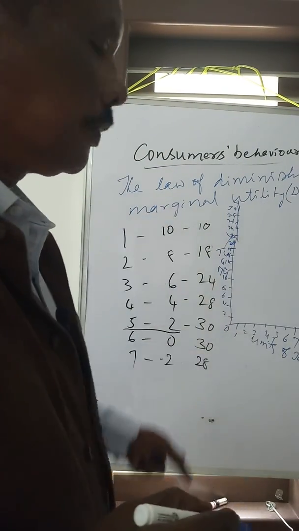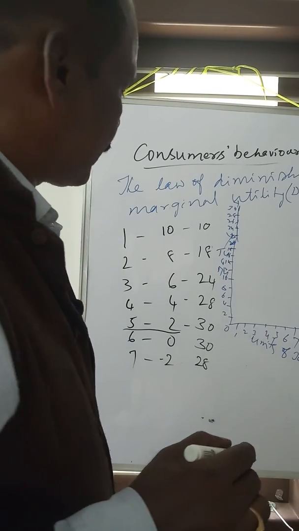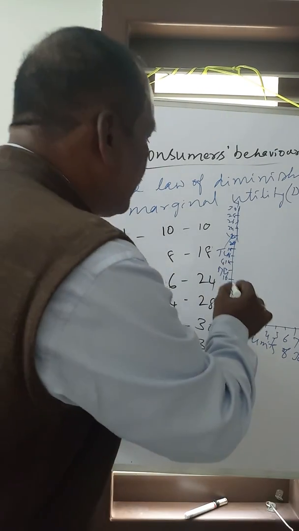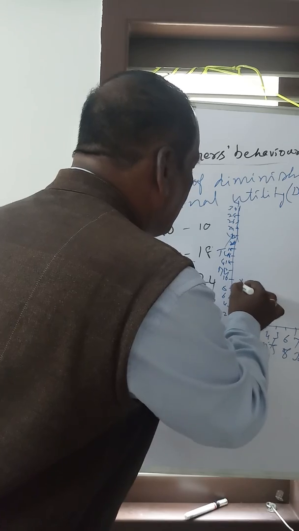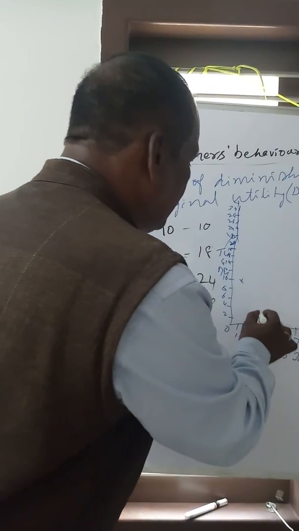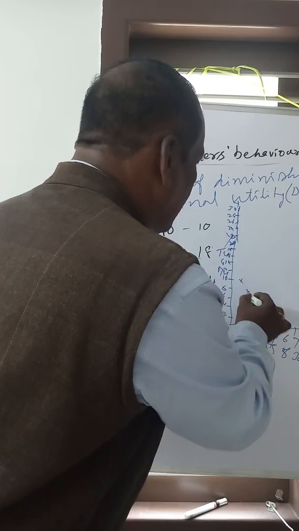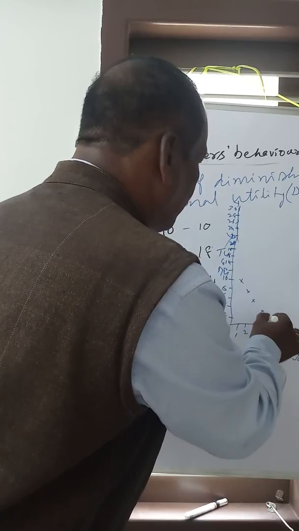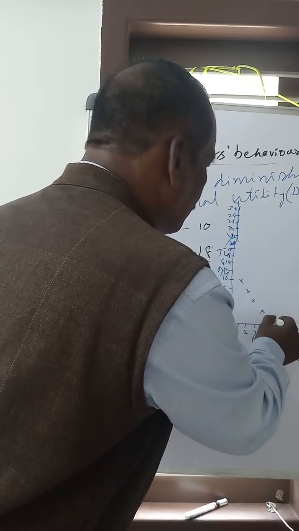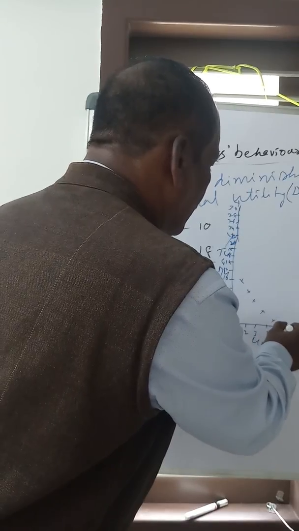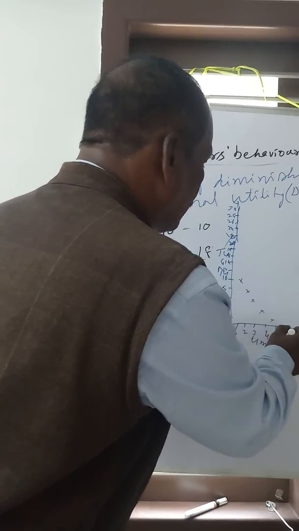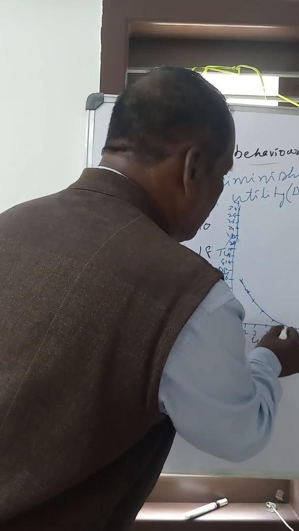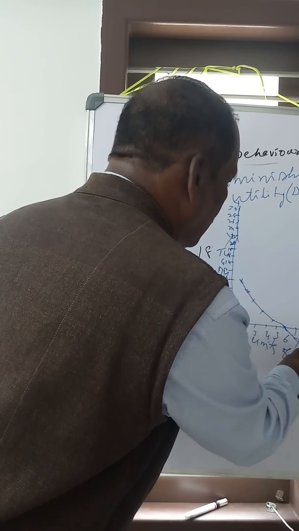Let us draw the marginal utility curve first. The first unit derives him 10 marginal utility. The second one gives him 8. The third one gives him 6. The fourth one 4. The fifth one 2. And the sixth one 0. So you just join all these points. This is the MU curve.